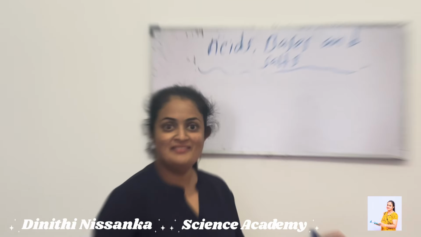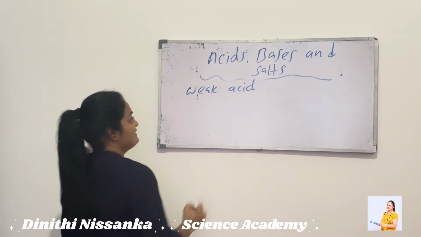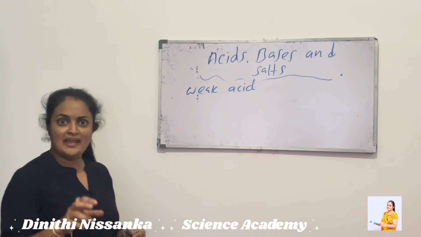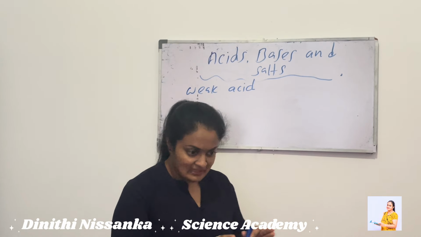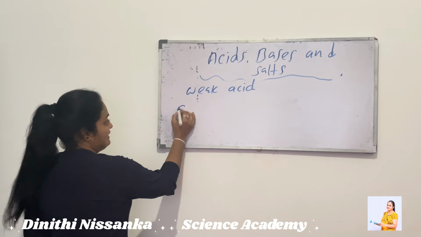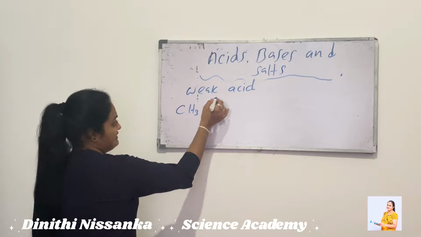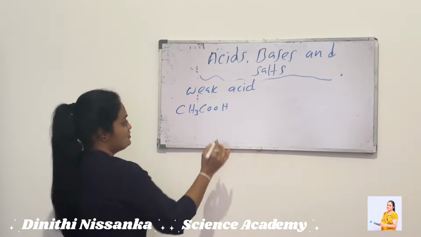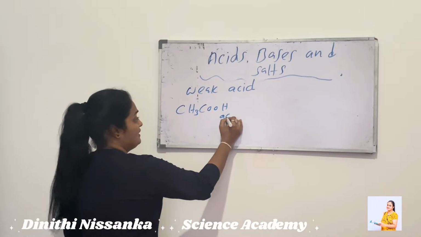Let me see what a weak acid is. A weak acid can partially ionize in the aqueous medium and release H plus ion. An example of a weak acid is acetic acid, CH3COOH.